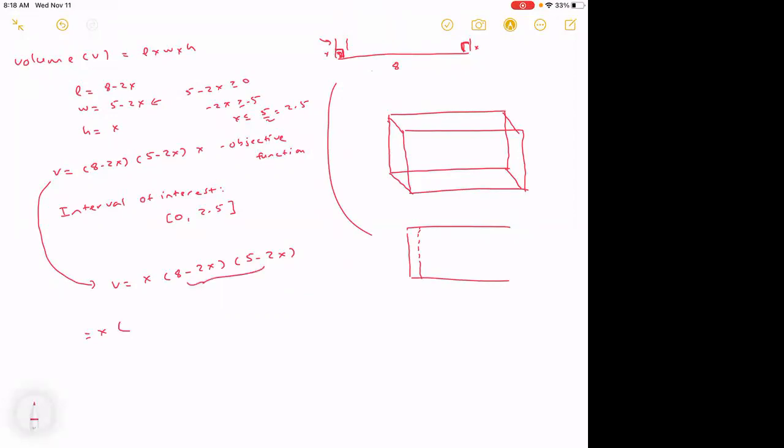What you get? 8 times 5, 40 minus 8 times negative 2x, it's negative 16x, negative 2x times 5, negative 10x plus 4x squared. It's x times 40 minus, then multiply by x here. Do you have any question on this one, guys?